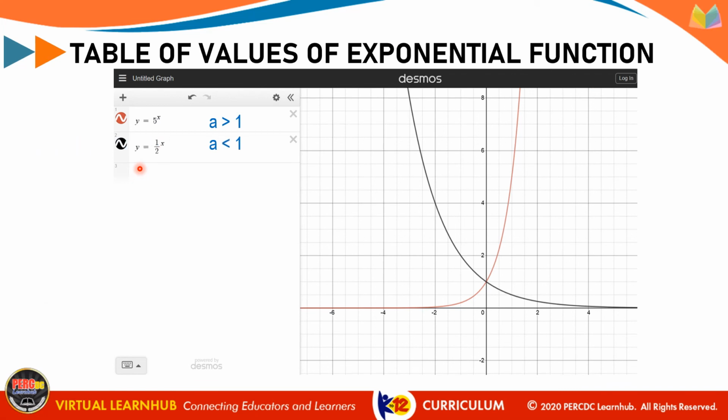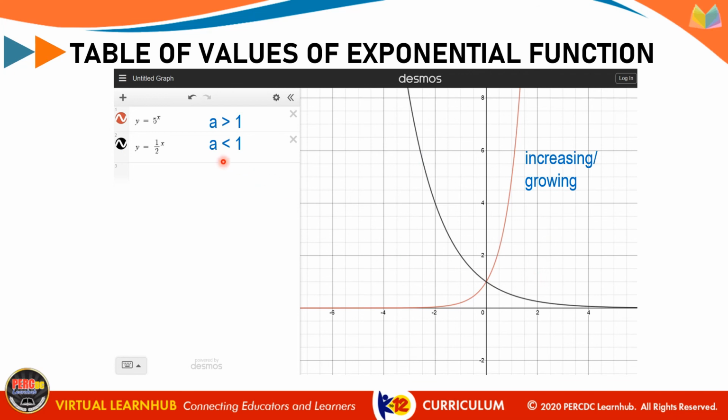And for our second example, our base is less than 1 but still greater than 0. Our first example, that is the red line. Looking at this example, we can see that as our x increases, the value of y also increases. So it is increasing or growing.